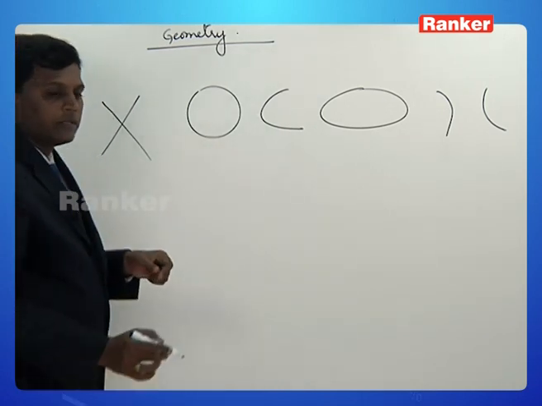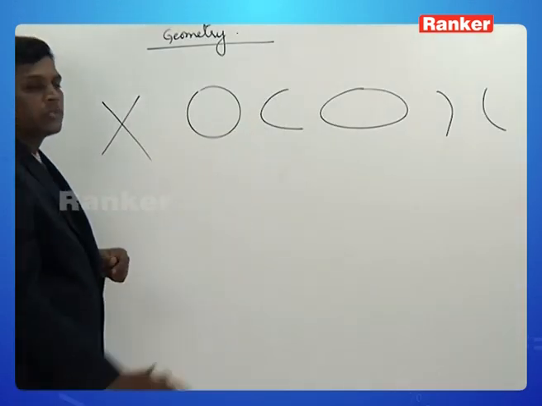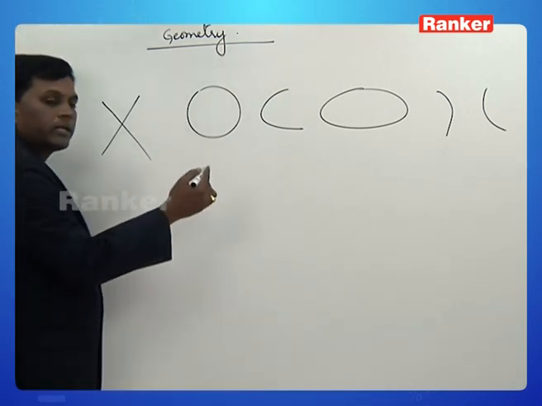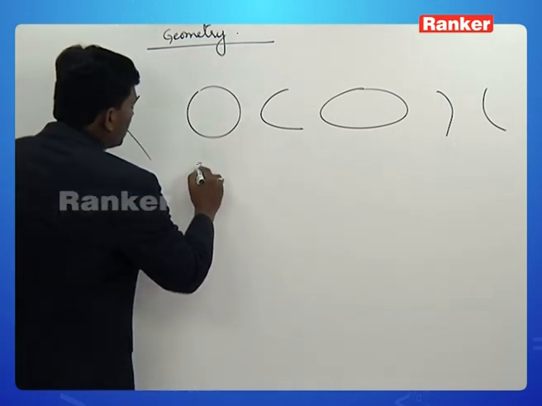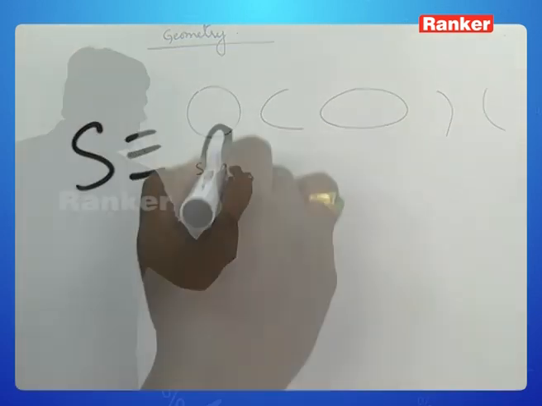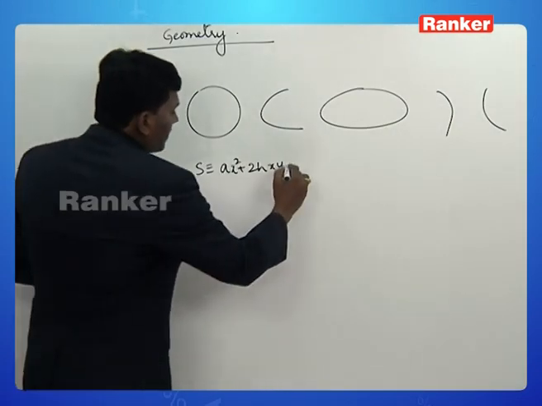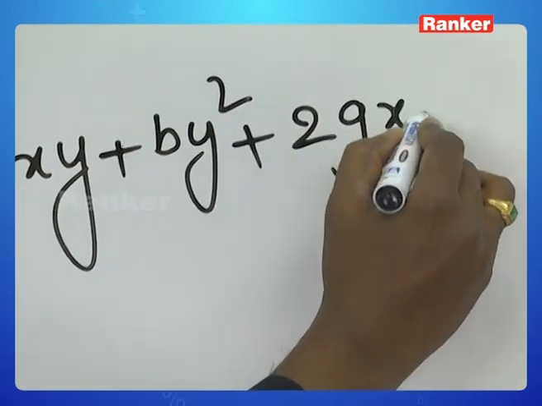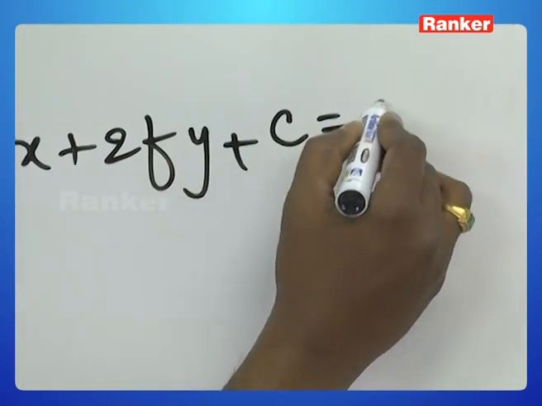That is why the general equation for all these can be taken as the same equation, which is the general second degree non-homogeneous equation in x and y, whose standard form from now onwards is taken as S identically equals ax square plus 2hxy plus by square plus 2gx plus 2fy plus c equals 0.